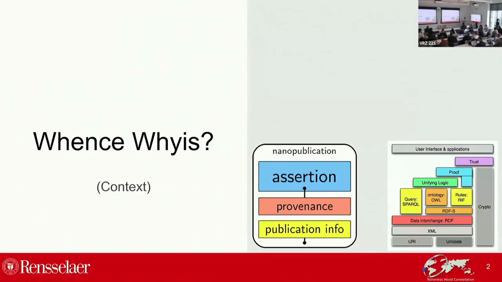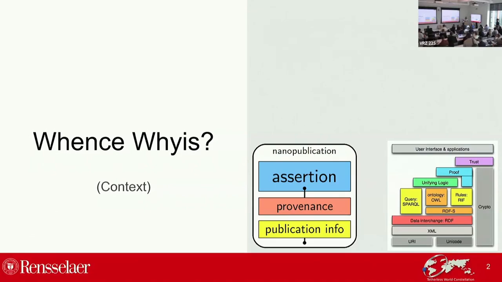Okay, so the assertion is the fact that Jean Valjean talked to Cosette in chapter 3, paragraph 2. Those are the facts. The provenance is that it was stored in Donald Knuth's Les Mis character thing.